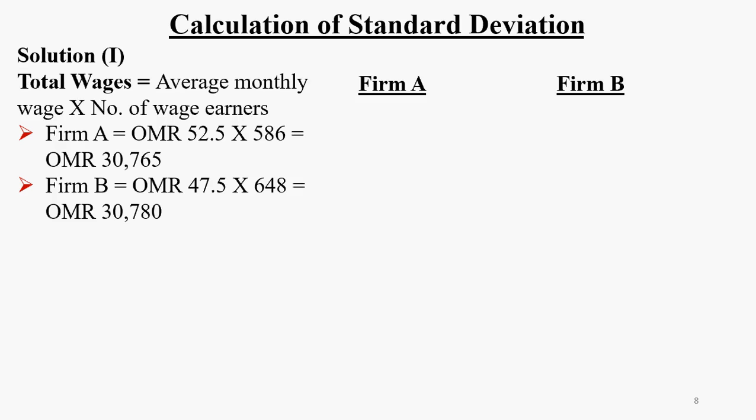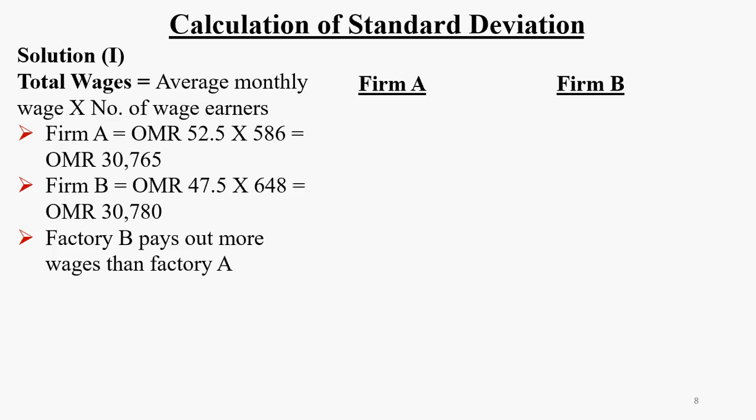It's already given in the question. 52.5 for firm A multiplied by 586, you will get 30,765. Same way, if you calculate for firm B, 47.5 into 648 will give you 30,780. So we know the total wage for firm A and firm B.